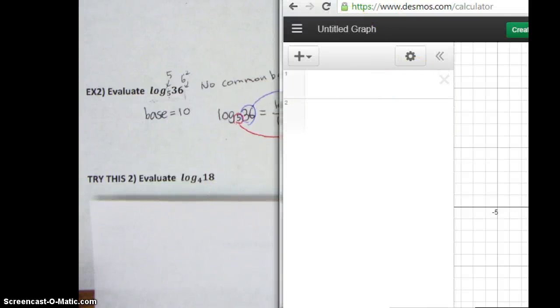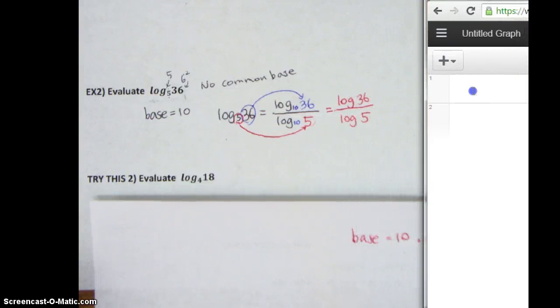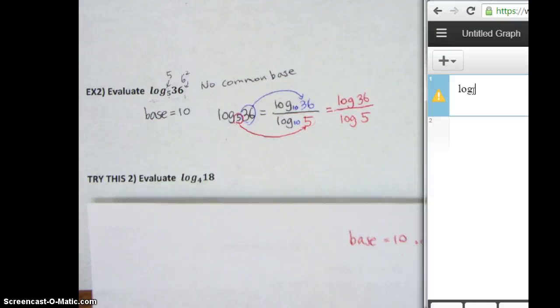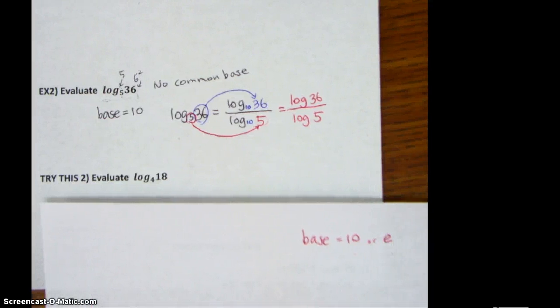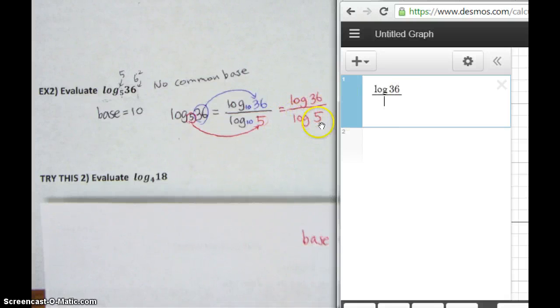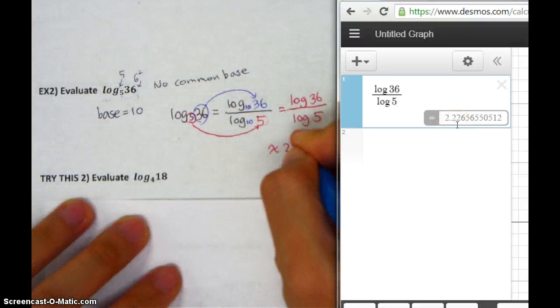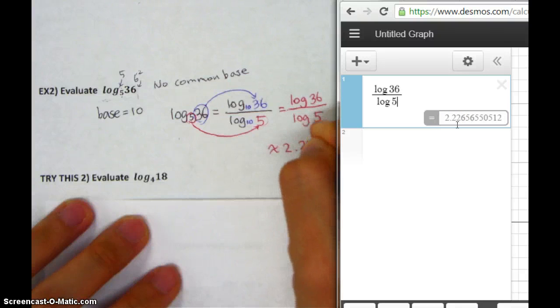So I'm just gonna type in log 36. That's the base 10 of 36. That's approximately about 1.556. And then I'm gonna divide that by this number, which is the common logarithm of 5, and that equals about 2.227.